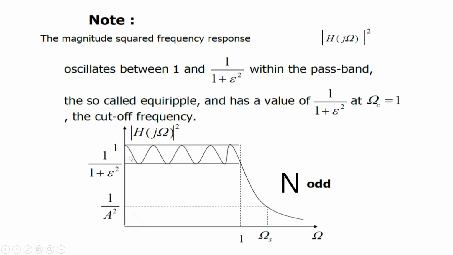And the amplitude of the variation of the ripples goes from 1 to 1 over 1 plus epsilon square. And I have already told you the amplitude above the DC value and the amplitude below the DC value are both the same. So that is why this is equiripple and has a value 1 over 1 plus epsilon square at omega c or omega p equal to 1, the cutoff frequency.